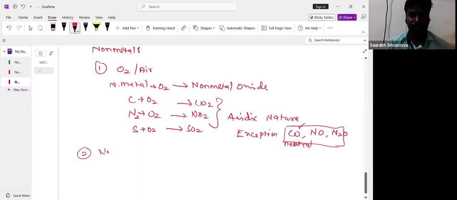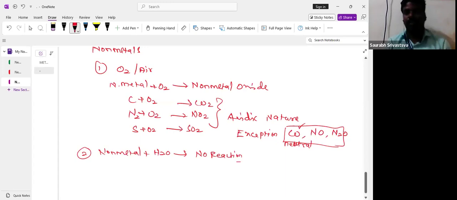And second case, non-metal plus water. Non-metals generally won't react with water. So, no reaction. Why? Because if oxygen reacted with water, aquatic animals could not live in the water.